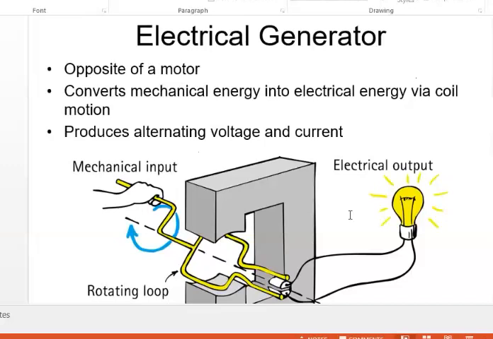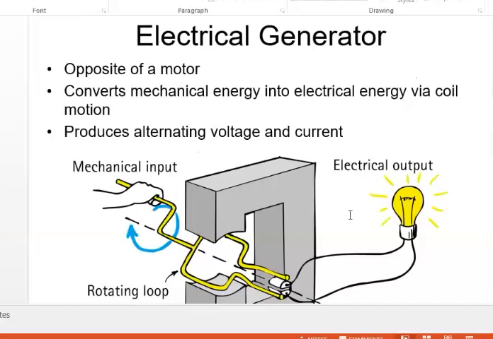So, an electric generator is a device or machine that converts mechanical energy into electrical energy via coil motion, because the magnet is kept fixed and the coil is allowed to move continuously. The mechanical energy could be supplied in any form. Even muscular force, or chemical energy in terms of petrol and diesel. An electric generator produces alternating voltage and current.